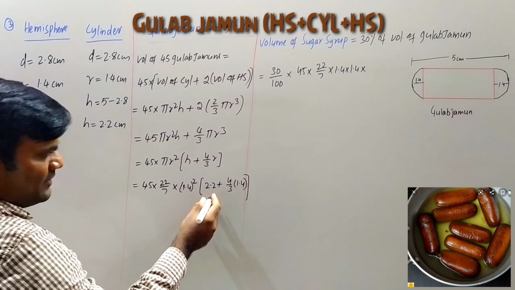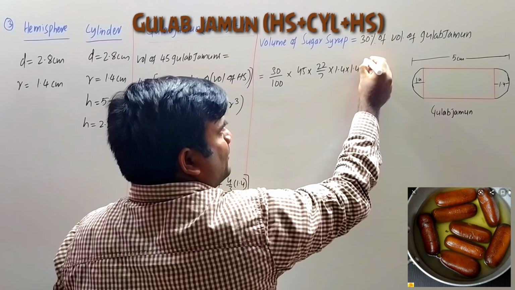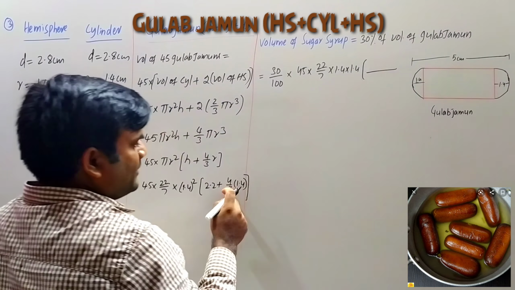into, so this one is simplified, 2.2. So I will do the simplification. LCM is 3. 3 into 2.2 is 6.6 plus 5.6.